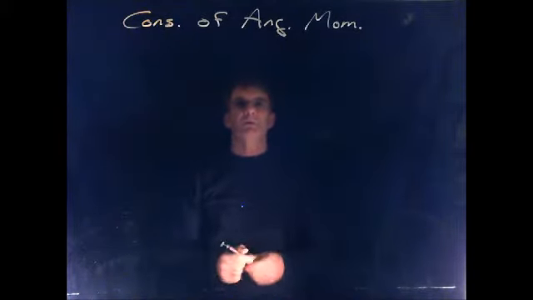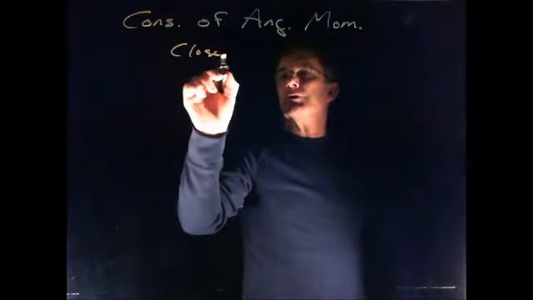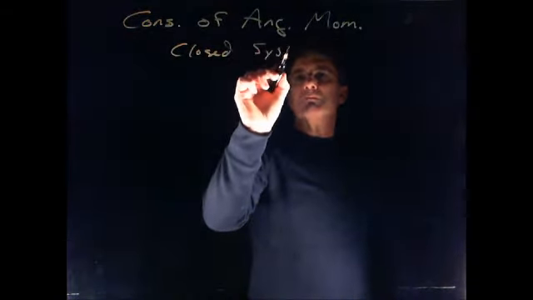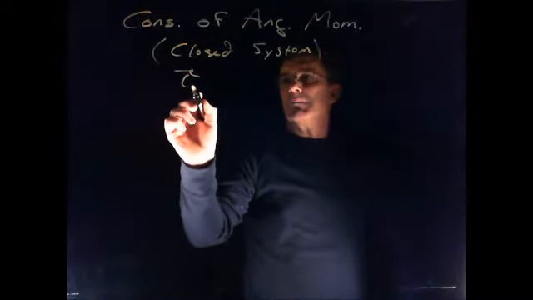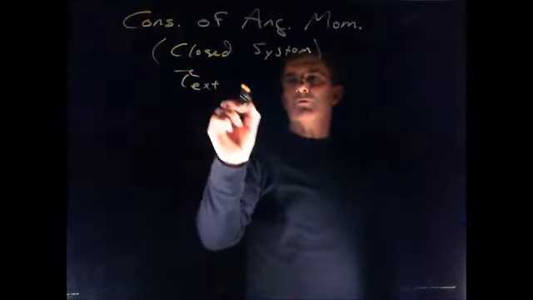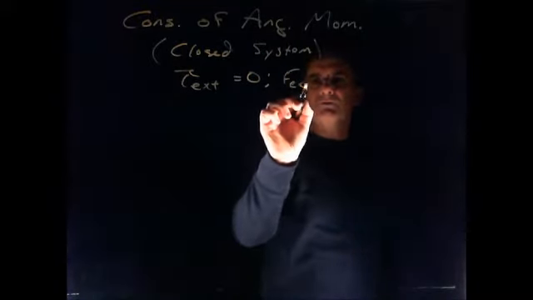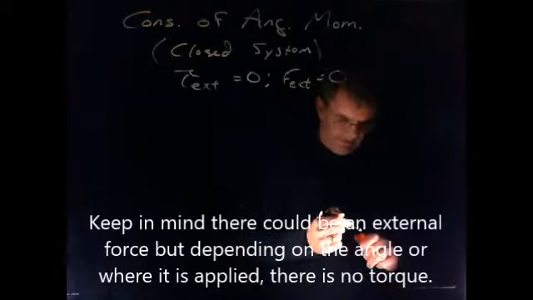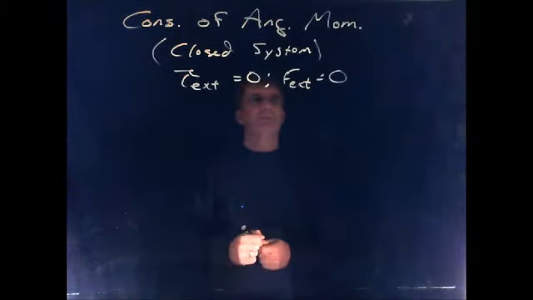So let's jump into conservation of angular momentum, keeping in mind we have to have a closed system. A closed system means my external torque is zero. I like to think of it as my external forces. I don't have any. It's a nice, simple way to think about it.